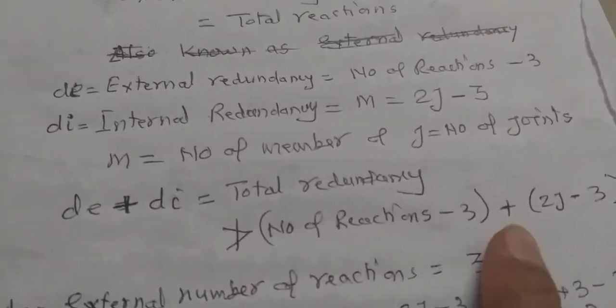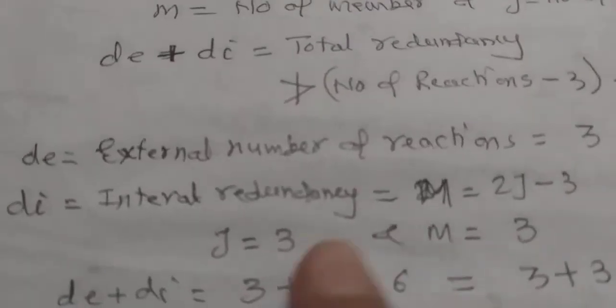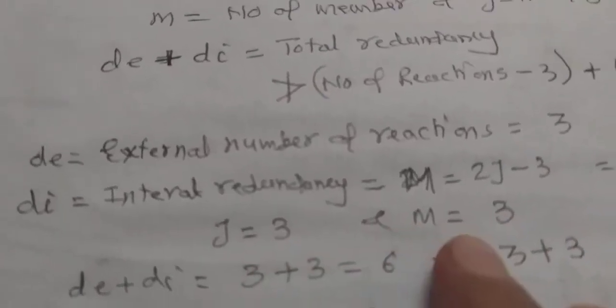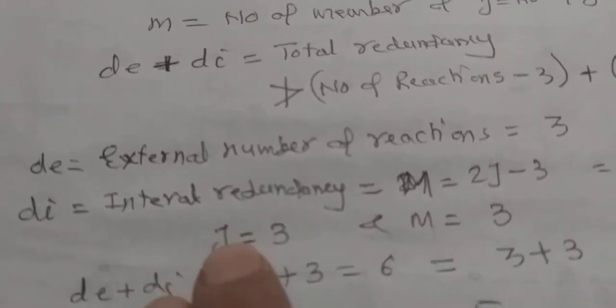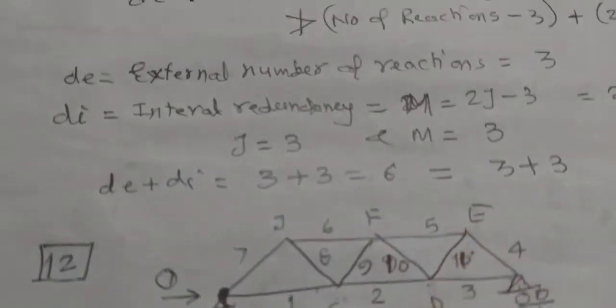So members will be 3. If members are equal to 2j minus 3, then we can say yes, this is internally determinate. Here m is equal to 3, 2j minus 3 is equal to 3, so it comes out to be determinate in all respects.